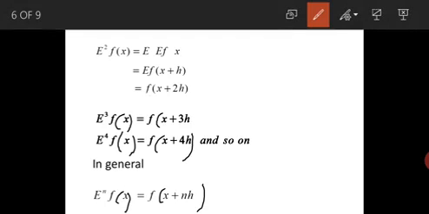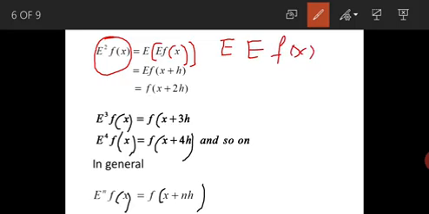E squared of f of x can be written as E into E of f of x. I am writing this now: E into E of f of x.